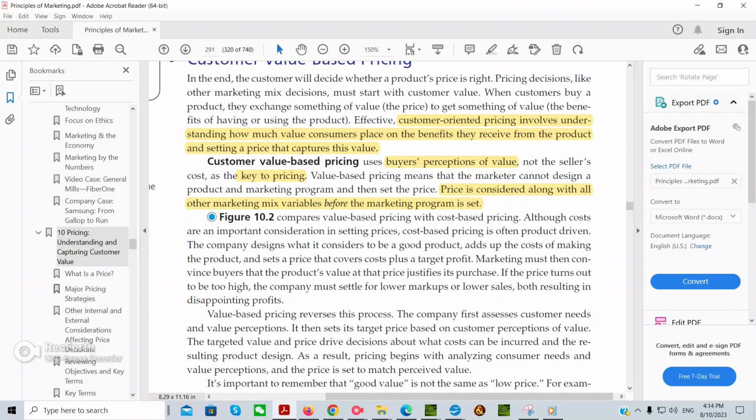Marketing must then convince buyers that the product's value at the price justifies its purchase. If the price turns out to be too high, the company must settle for lower markups or lower sales, both resulting in disappointing profits. What we're aiming for is the total amount of profit.